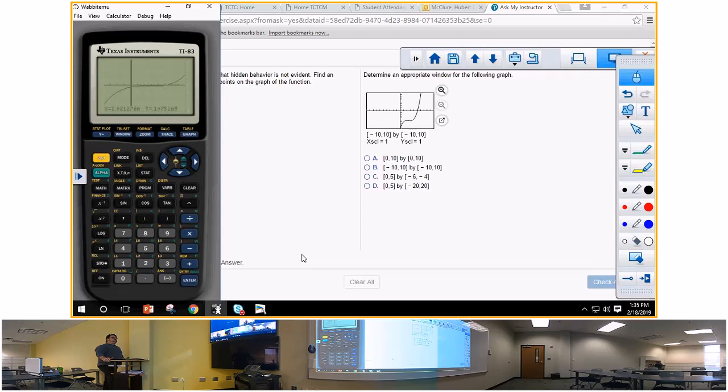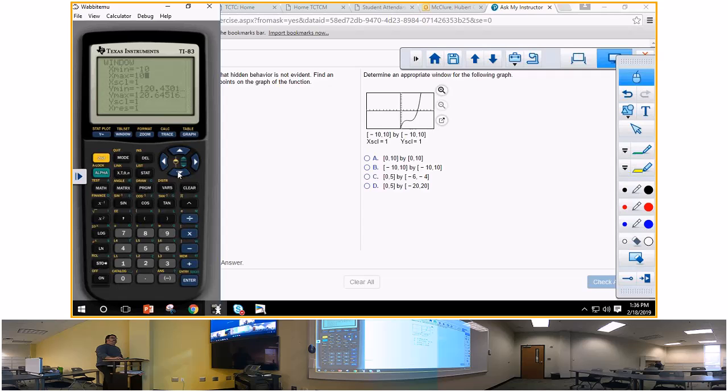And of course, if you want to use window, you would hit window, and let's say I want my x min to be -10 and my x max 10.